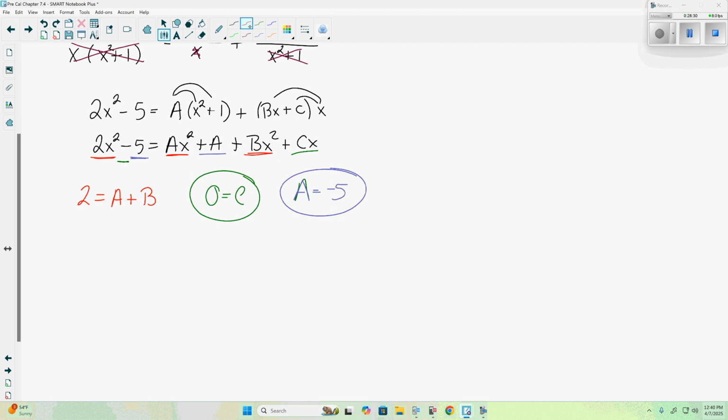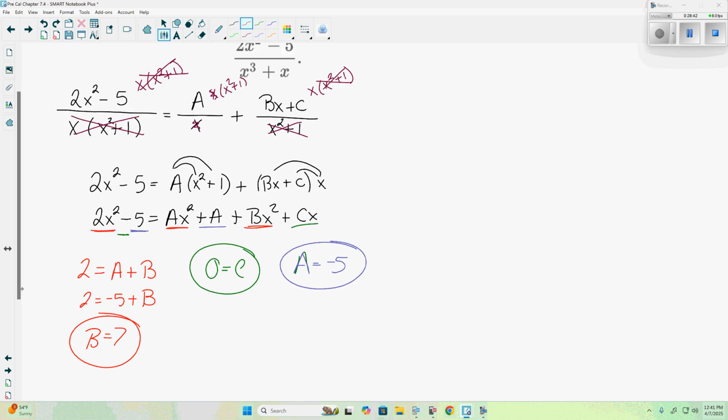Now we can come back over here and say that 2 is equal to negative 5 plus b. Add 5 to both sides, so b is 7. So for us here, a is negative 5, so we have negative 5 over x plus 7x over x squared plus 1.